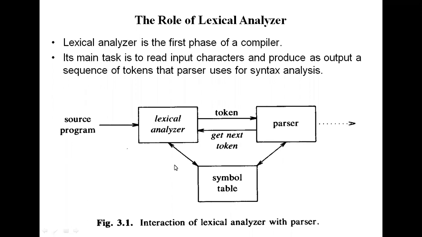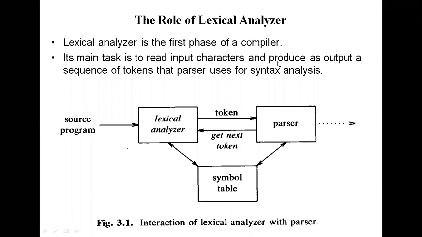This shows the interaction between the lexical analyzer and the parser: giving the tokens, set token, get token. Just two functions are going to be implemented, the set token function and the get token function. Between these two is the interaction made by both phases, the lexical analyzer and the parser.